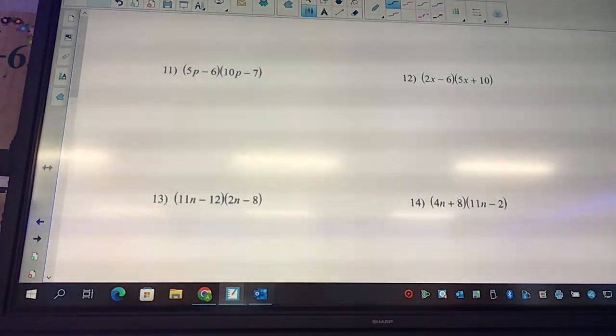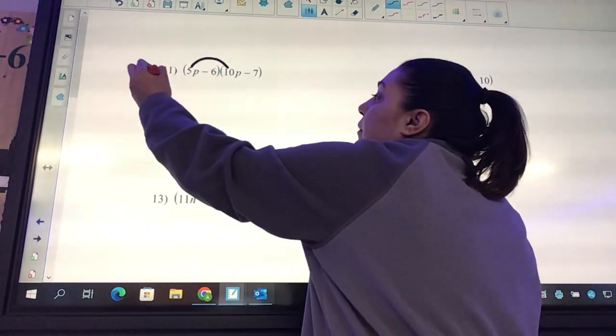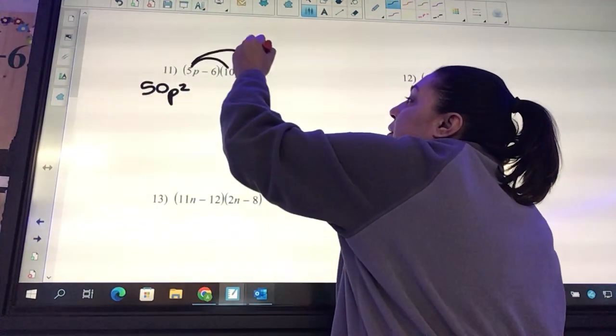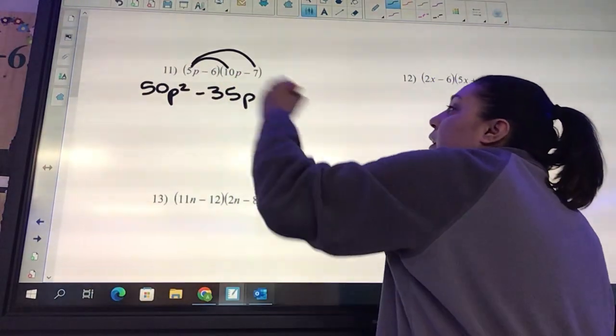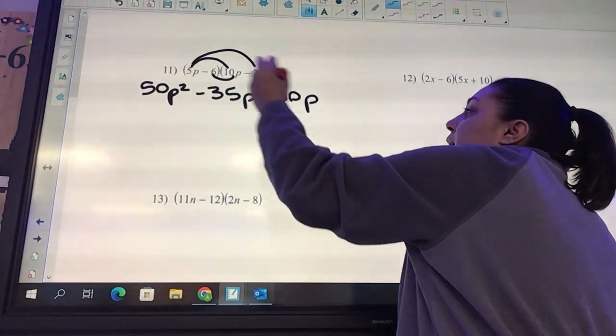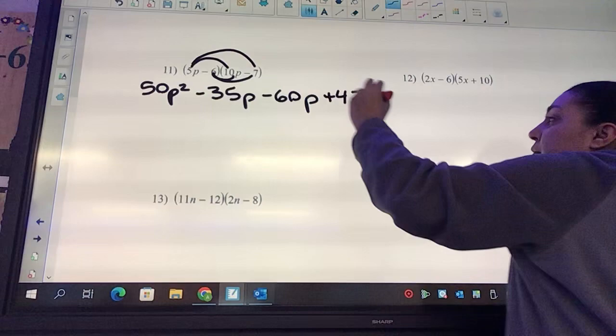Okay, 11. I got 5 times 10. It's going to give me 50p2. 5 times negative 7 is going to give me negative 35p. Negative 6 times 10 is going to give me negative 60p. Negative 6 times negative 7 is going to give me a positive 42.